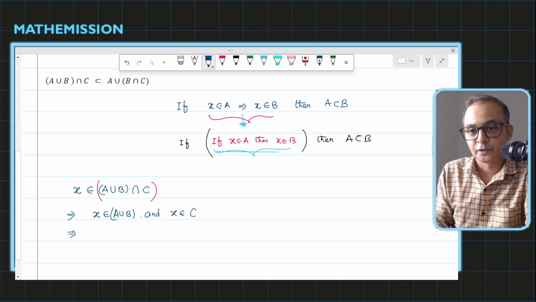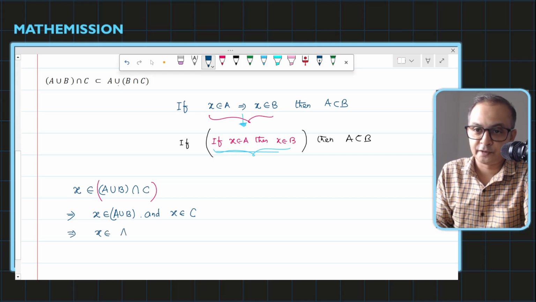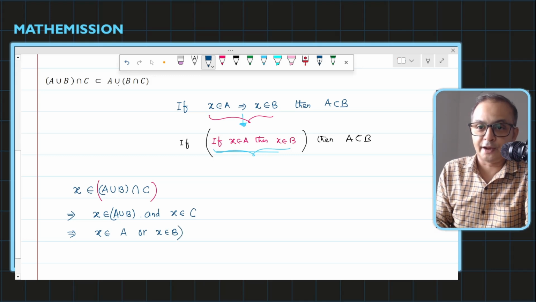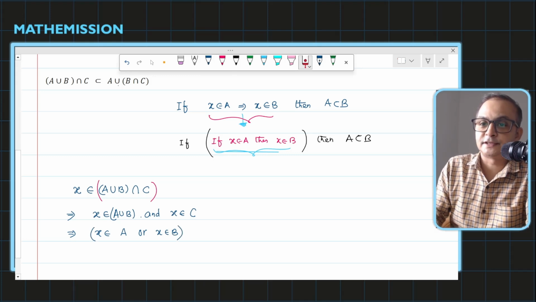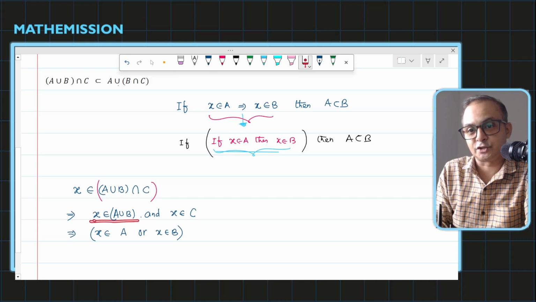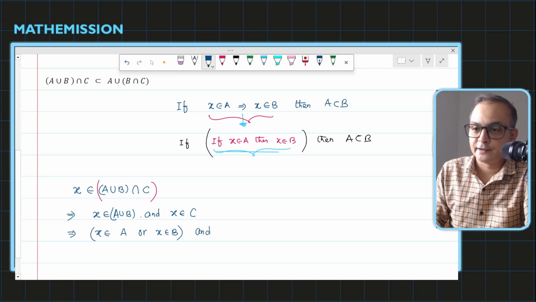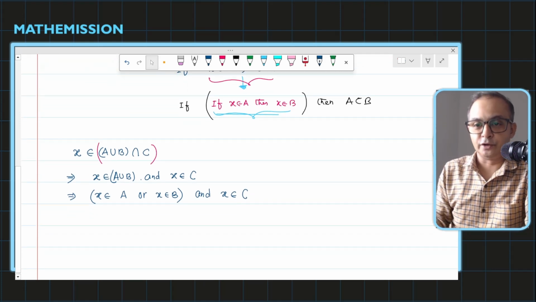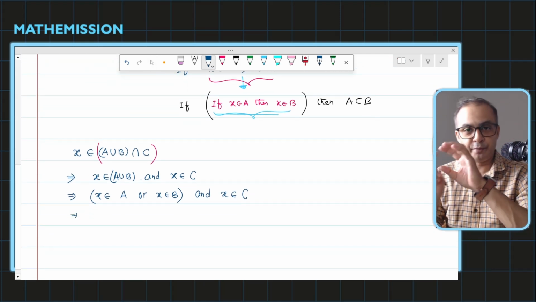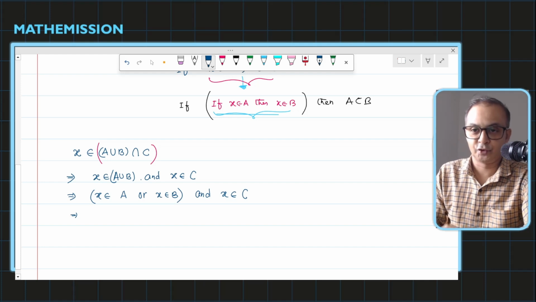And so if I again decode this thing, it means that x belongs to A or x belongs to B. This whole thing I'm writing for the first expression, x belongs to A union B, and then I have to write and x belongs to C. Now how do I decode it? I'm going to distribute this and over the or.